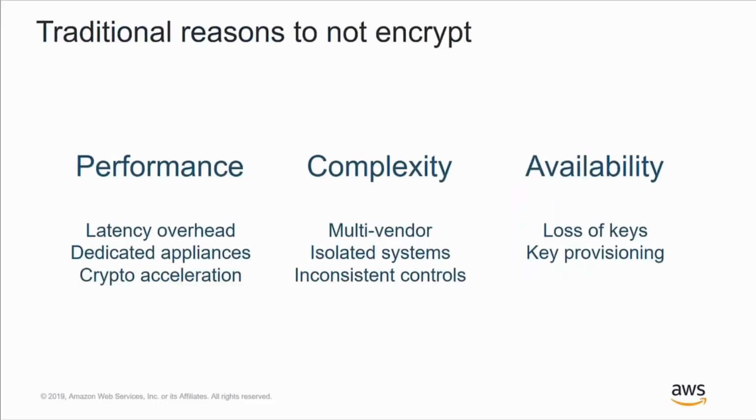Now, of course, if it were that simple, every bit of data in the world would be encrypted already, and the evidence from the fact that we are surrounded by numerous data breaches in the press indicates that data is not typically encrypted by default, and there's plenty of good reasons for that. Over the years, encryption has built up a pretty solid reputation of being slow and of being complicated and of being rather risky.